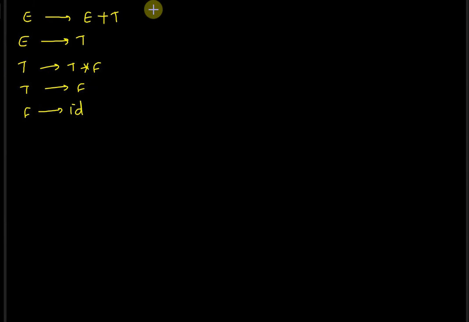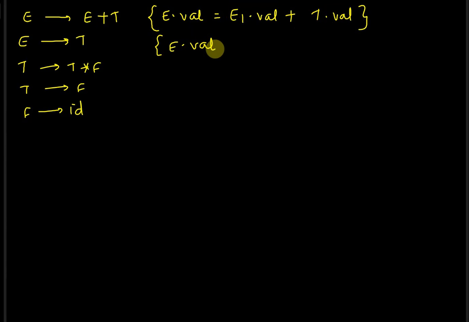Now let's define some semantic actions with each of these grammar rules. So I write the semantic rule as E dot val is equal to E1 dot val plus T dot val. Then over here I write E dot val is equal to T dot val.